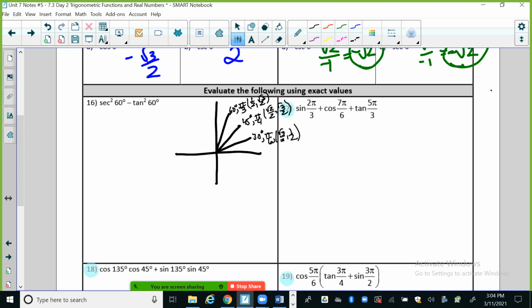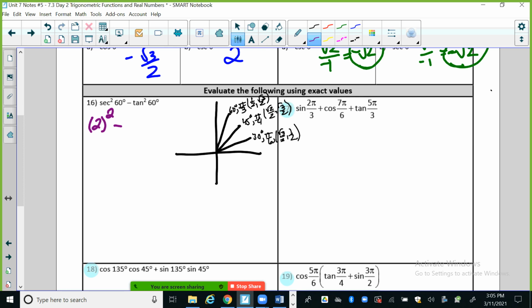All right, so secant squared of 60 degrees. So we have 60 degrees here. Secant is the reciprocal of cosine. So since cosine is 1/2, secant is 2. So that's 2 squared minus tangent squared of 60. So tangent is sine over cosine.